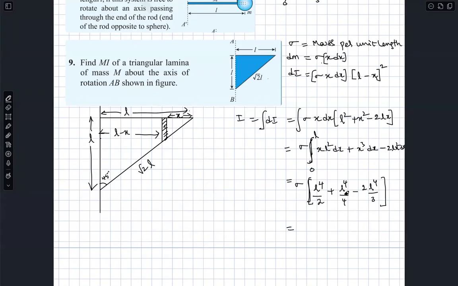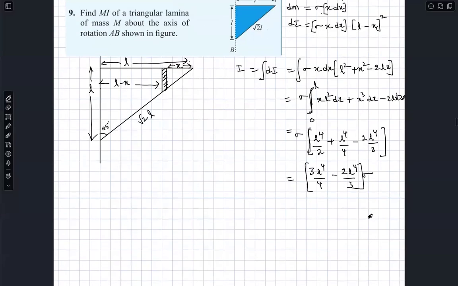No, hold on. So it is 3L power 4 minus 2L power 4 by 3 times sigma.